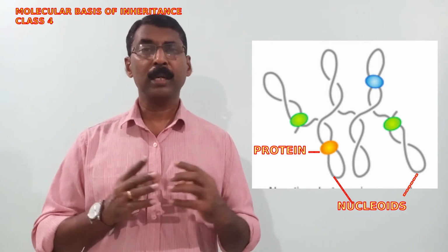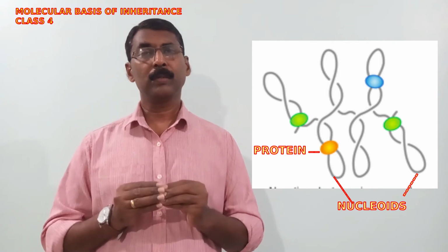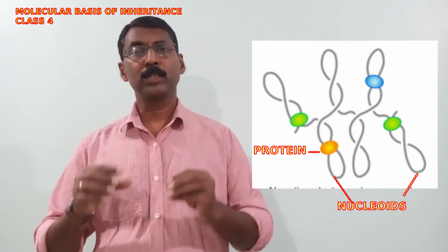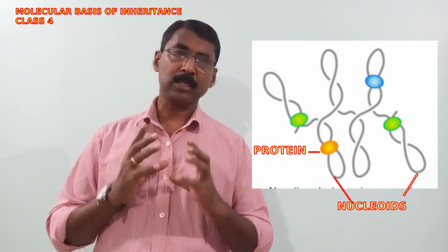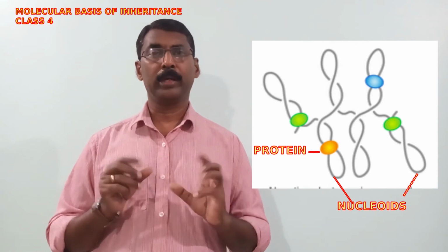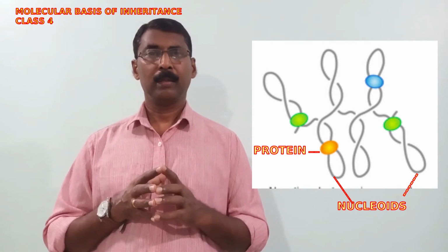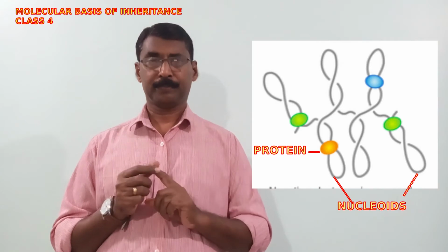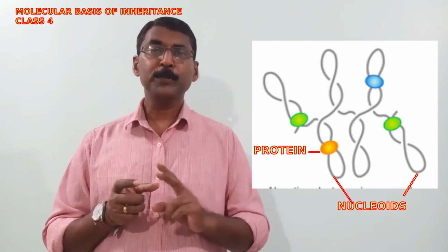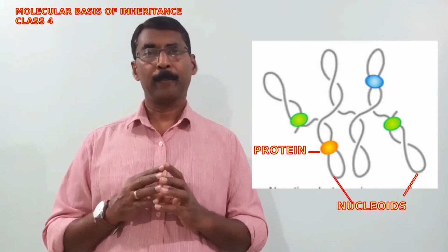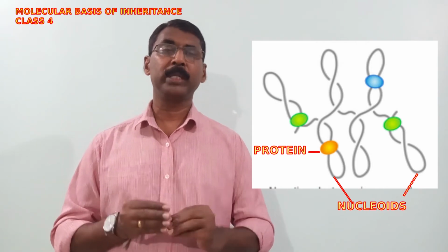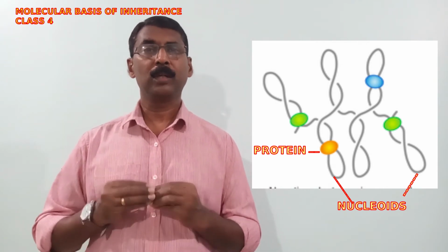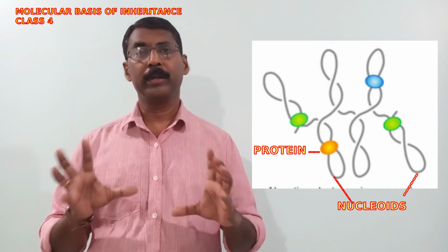And these coils are held together by means of positively charged histone and non-histone proteins. And this structure is called a nucleoid. Helical loops of the DNA molecule held together by histone and non-histone proteins is called a nucleoid.